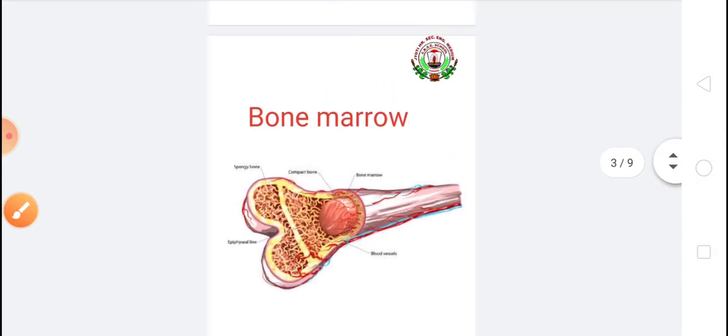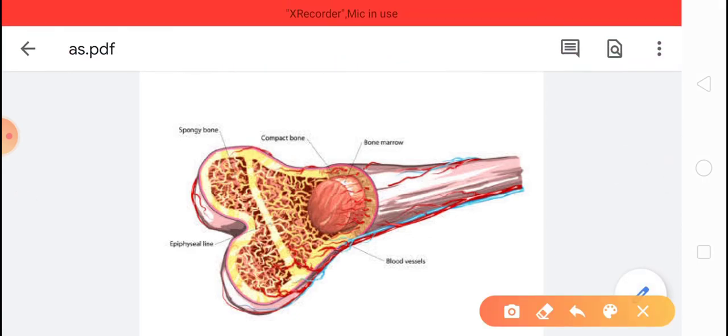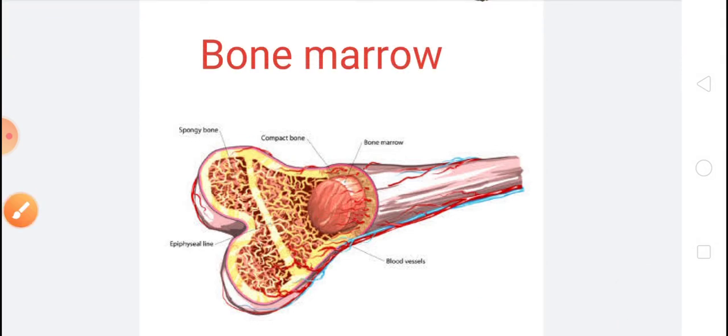This soft and spongy material is called bone marrow. It is very important in the formation of blood cells. This bone marrow helps to produce blood cells, like red blood cells and white blood cells.